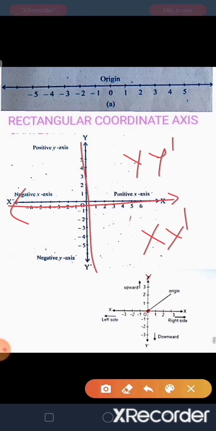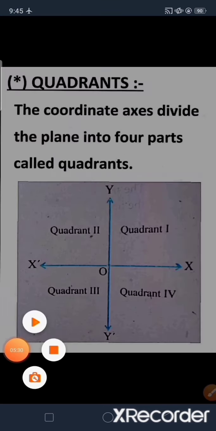Also, the positive numbers lie on the positive direction OX and OY of the x-axis and y-axis. Similarly, the negative numbers lie on the negative direction OX dash and OY dash of the x-axis and y-axis.